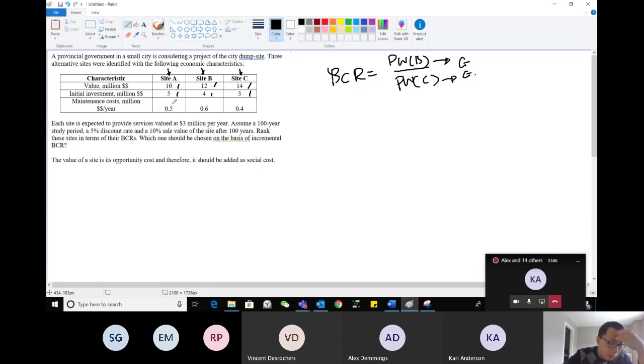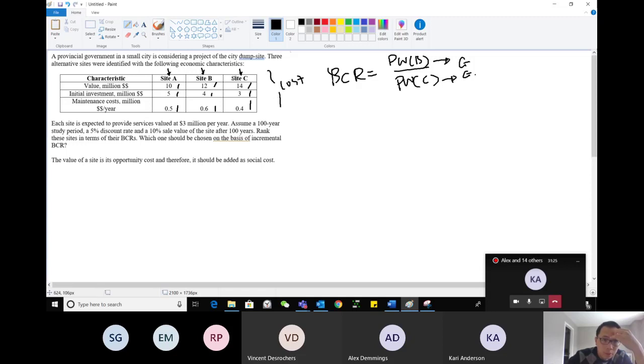Maintenance cost for that is 0.5 million per year, 0.6, and 0.4 for the 3 different alternatives. So that's considered our cost here, but it's not given as a present worth.